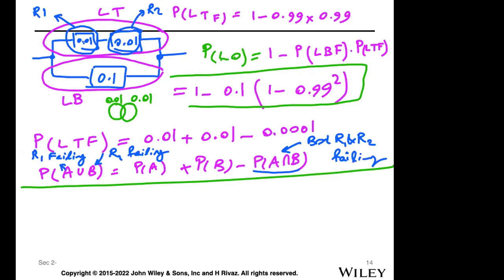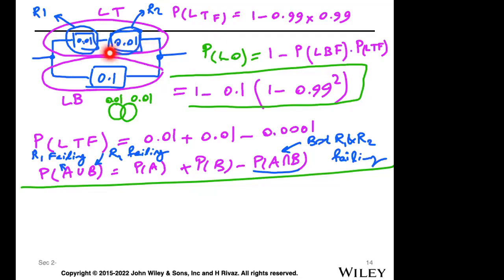Yep. So the top, you mean this guy? Or this one? Yeah, so the top part, I said that this branch at the top fails. The probability of this branch failing is 1 minus the probability of this branch operating, right?